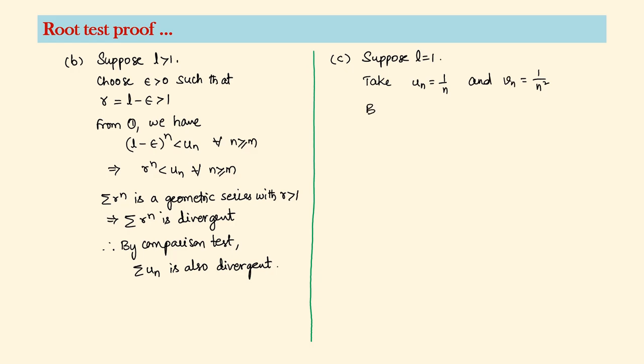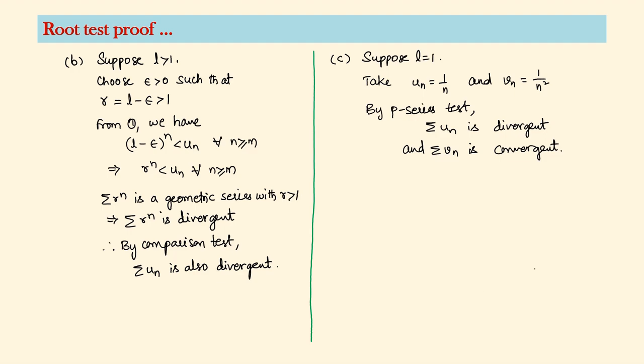So by P series test, we know that summation u_n is divergent and summation v_n is convergent. For these two, let us calculate the limit of u_n power 1 by n.